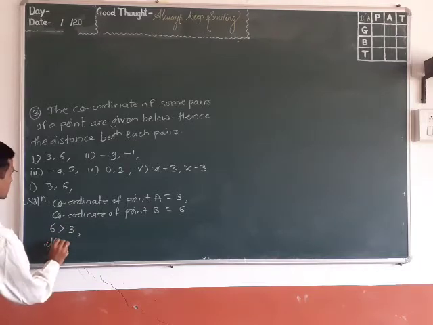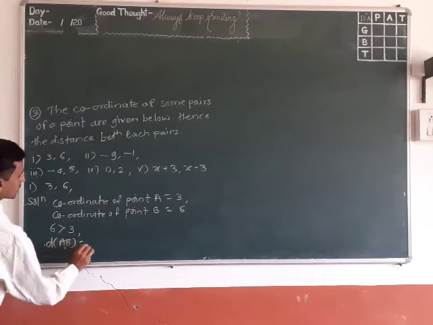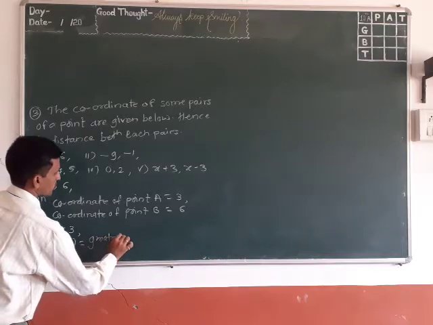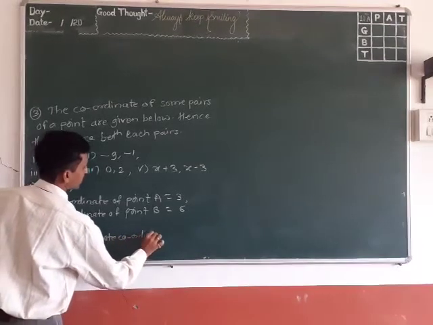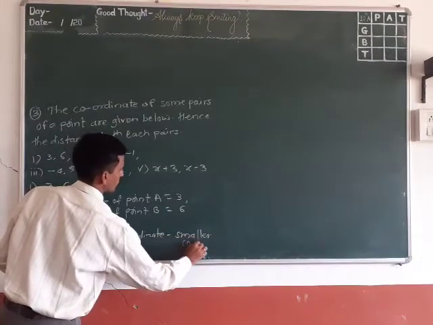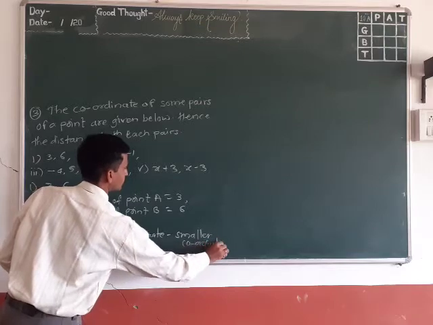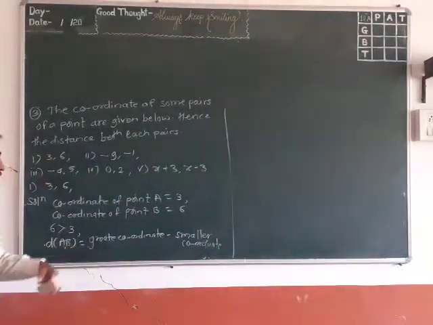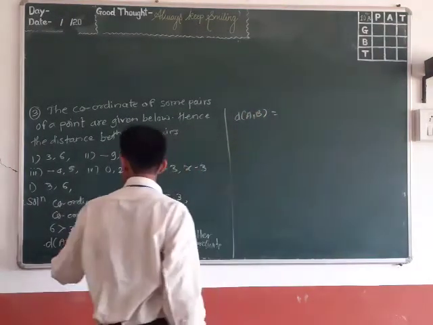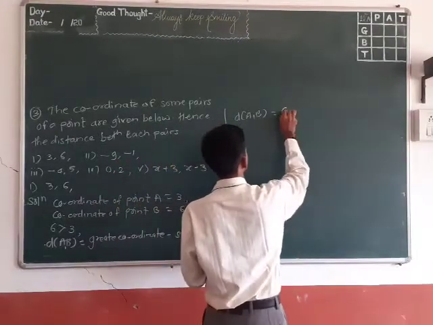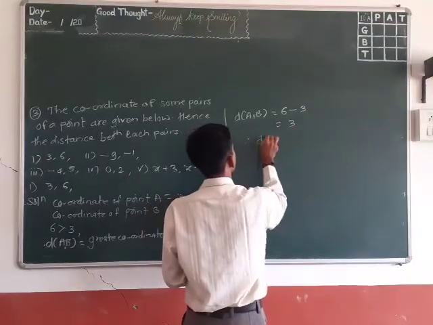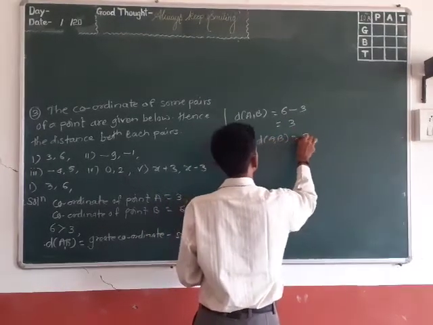Therefore, distance AB is equal to greater coordinate minus smaller coordinate, which is 6 minus 3, equal to 3. Therefore, distance AB is equal to 3.